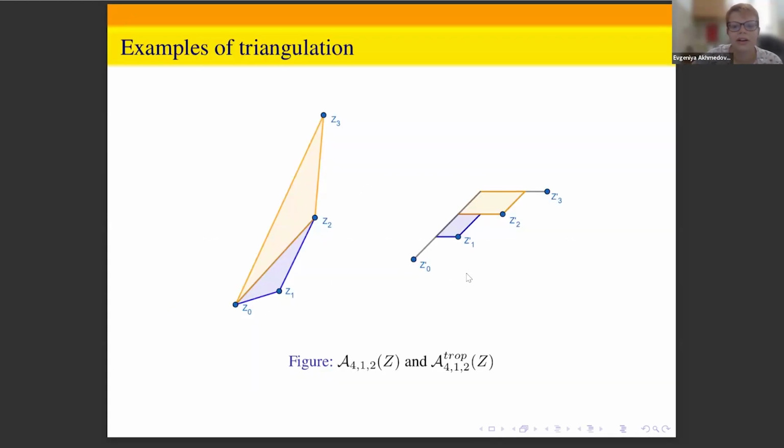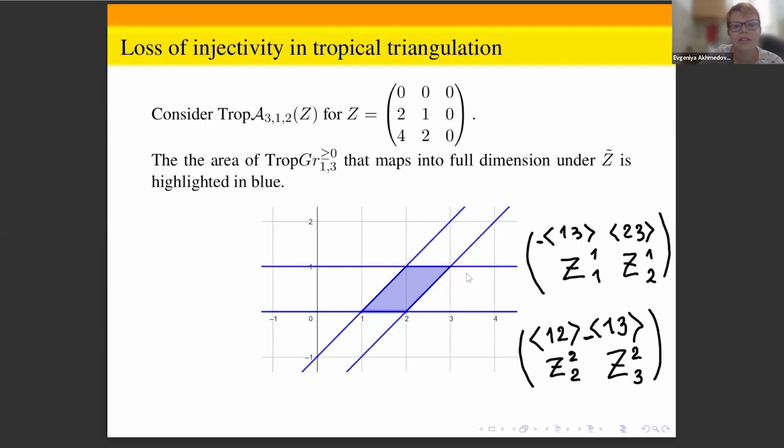So here is an example of the triangulation in the simplest case. And here is the thing about the non-injectivity. So the tropical positive Grassmannian (1,3) is just the tropical projective plane.